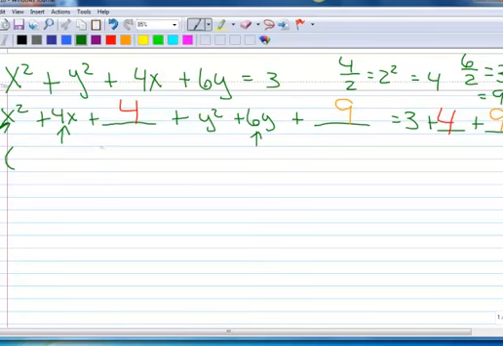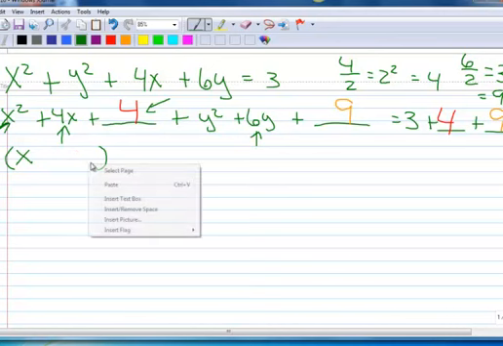We always start by making our parentheses, and then the easy way to do it is to look at the first term, x squared. The square root of x squared is x. Then I look at this term over here, the 4, and the square root of 4 is 2. So the 2 goes right here.